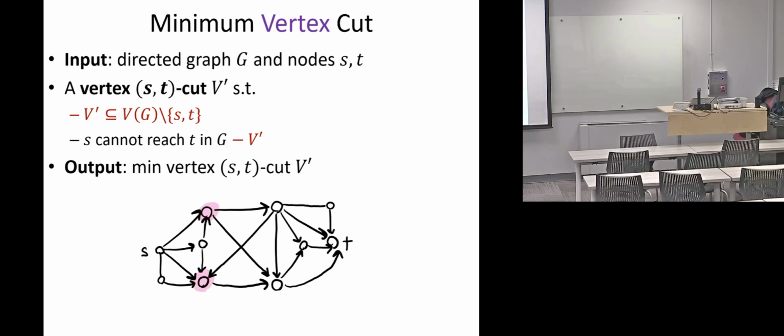I say that V prime is a vertex ST cut if V prime doesn't contain S and T, and once you remove V prime, then S cannot reach T. Think of V prime as the set that, once you remove it, separates S and T. That's a vertex ST cut.